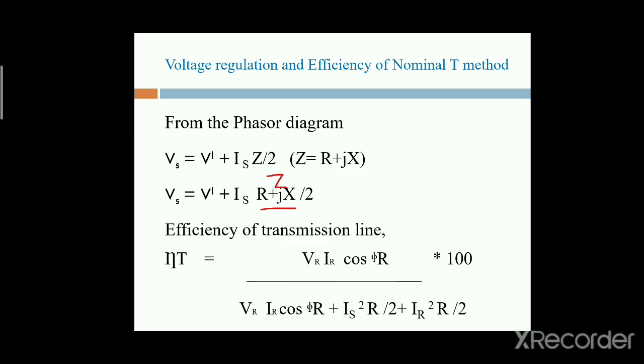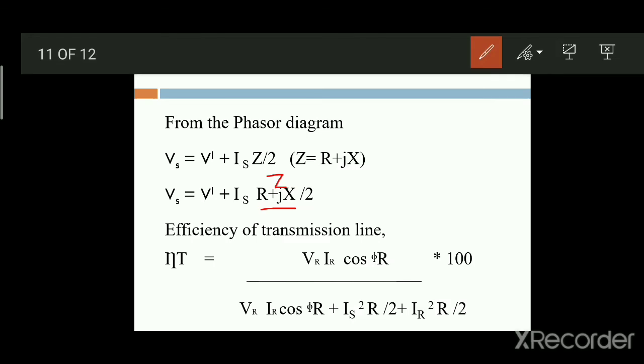We already derived the formula for Vs: Vs is equal to V dash plus Is into Z by 2. Substitute that value of Vs in the voltage regulation, Vs minus Vr by Vr into 100, and then we obtain the voltage regulation.